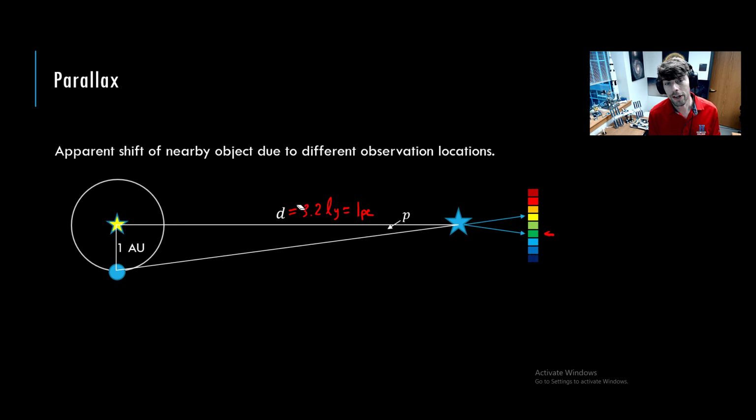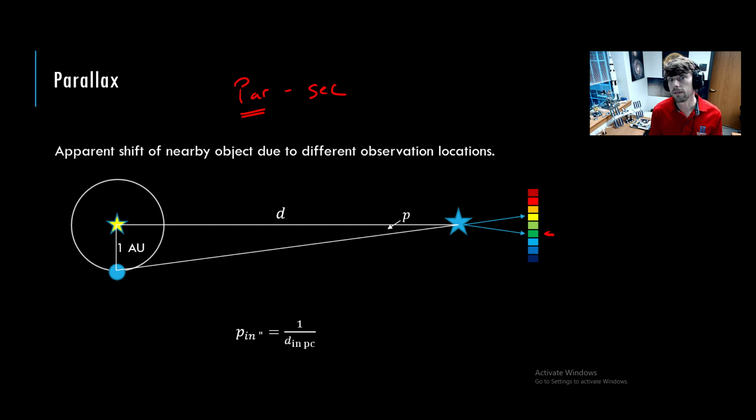So that's really where we get that unit of parsec from, is that we're thinking of this parallax of 1 arc second. When we have a parallax of 1 arc second, the distance is 1 parsec away.